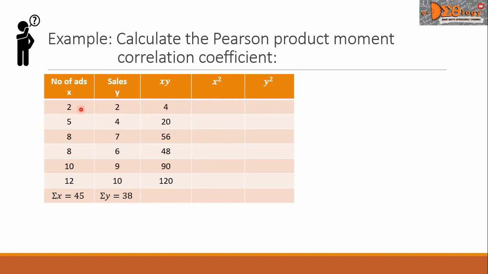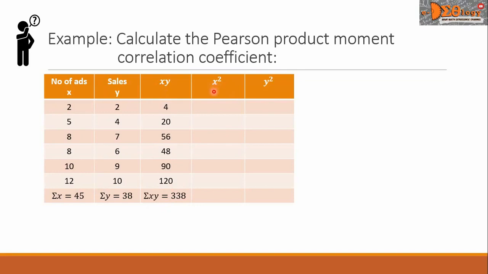So we have here 2 times 2 is 4, 5 times 4 is 20, 8 times 7 is 56, 8 times 6 is 48, 10 times 9 is 90, 12 times 10 is 120. Then let us get the total of this column, and we name it summation of xy equals 338.